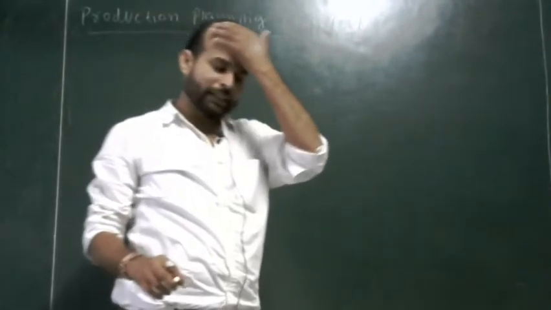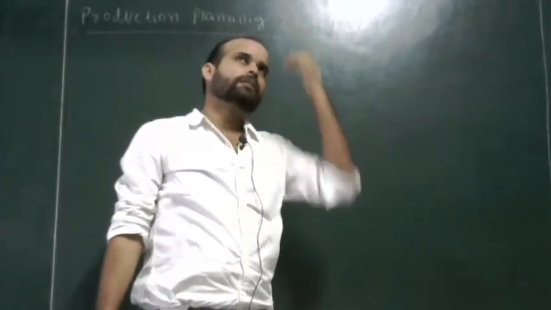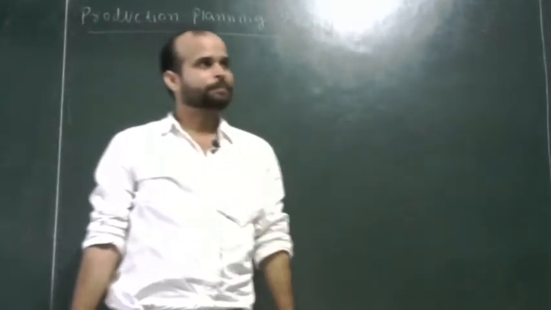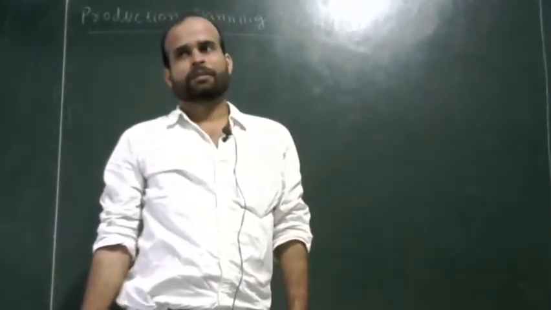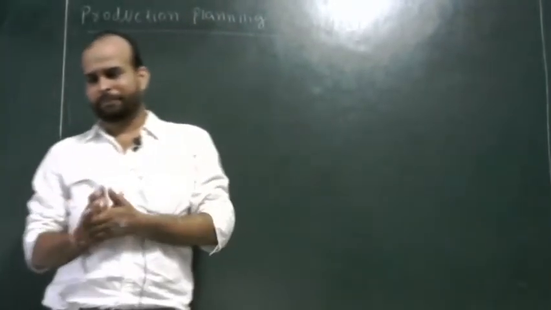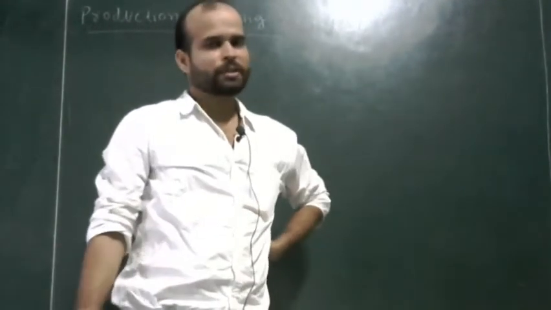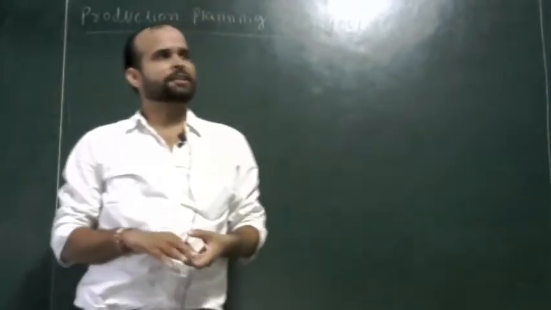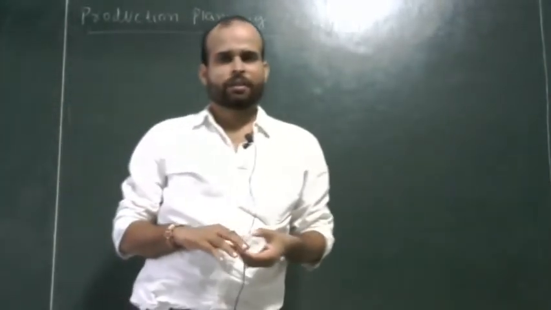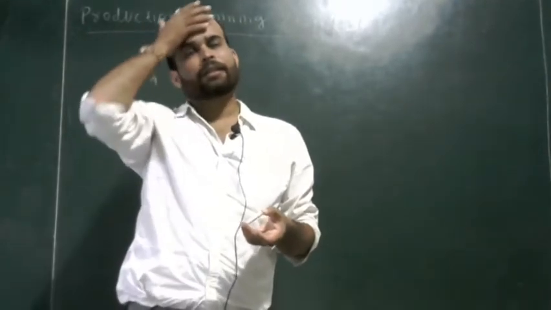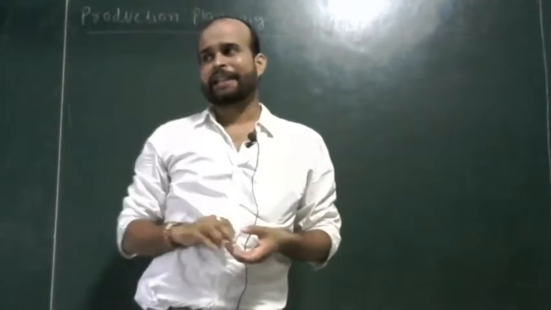First, we have seen industrial engineering. What do we mean by industrial engineering? What are the different functions and scopes of industrial engineering? What are we going to do as an industrial engineer in a production firm?